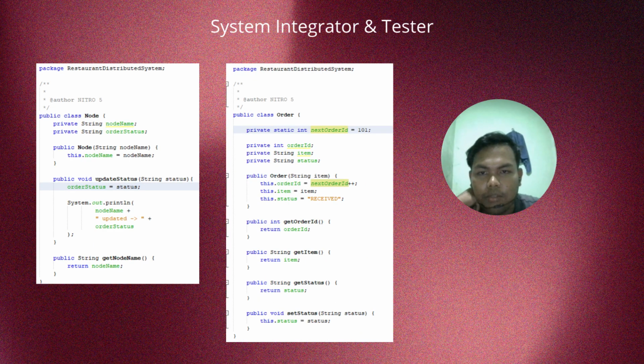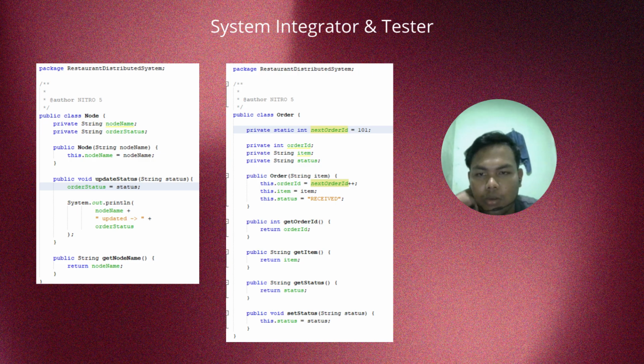Okay, in this slide we have another 2 screenshots. The first screenshot is the node class and the second screenshot is the order class. In the node class, it has a private string node name and a private string order status. In this class, the coding shows the naming and status for each node.